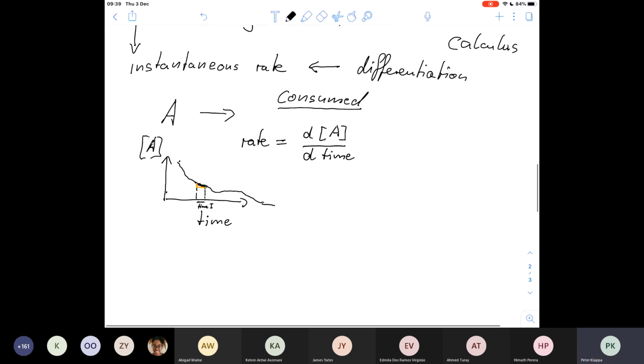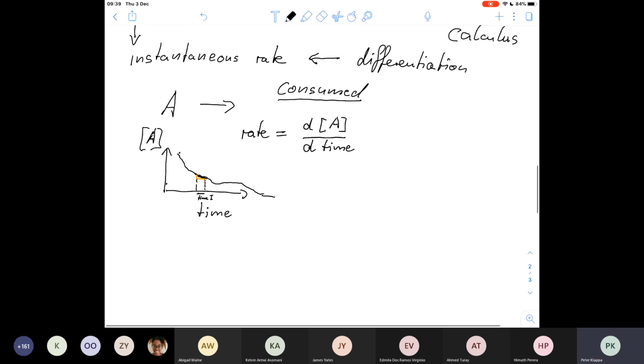And we would talk about that when we say change in concentration per time unit.